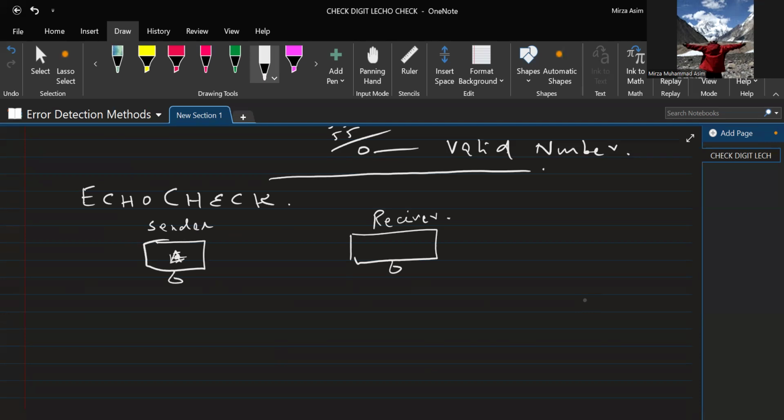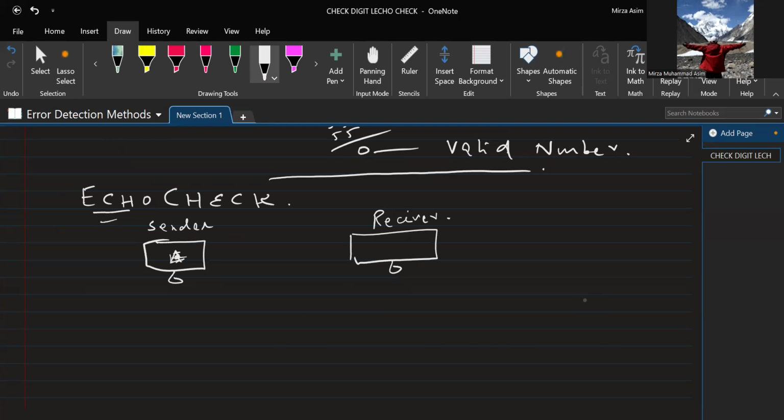In echo check, you need to understand what echo means. Echo means it bounces back the thing. For example, if you are in a mountain area and you scream, the sound that comes back to you is called an echo, right?